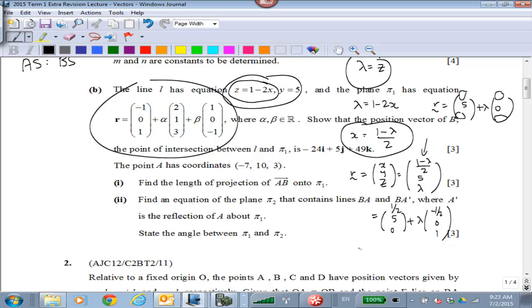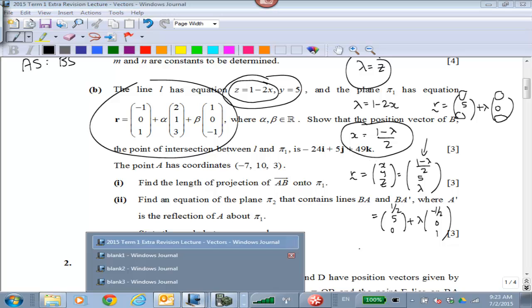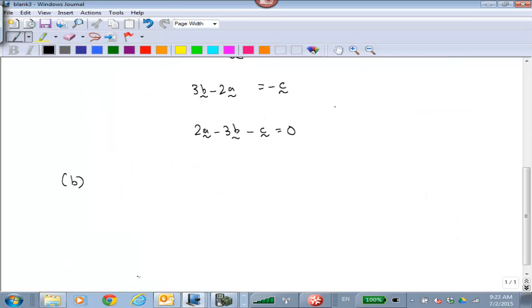After I get this all, let me write here. So it's r equals to minus half, 5, 0 plus lambda, is it minus half, 0, 1? Is it correct?